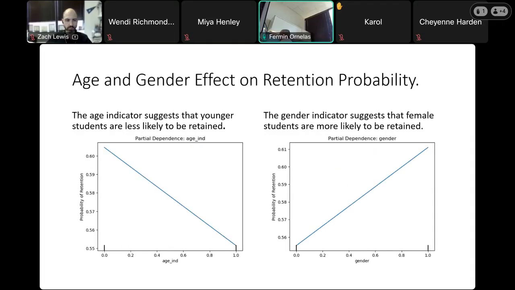Okay, now here I have, again, 2 line charts. The age indicator, again, has a negative relation with respect to the outcome. All it's saying is, if a student is less than 35 years old, he's likely to be retained. Now, how did I pick the 35? Because the average age, and I think also the median age, was very close to 35.